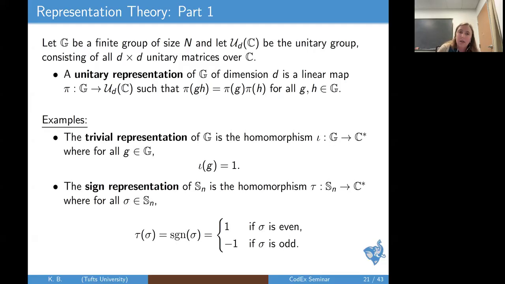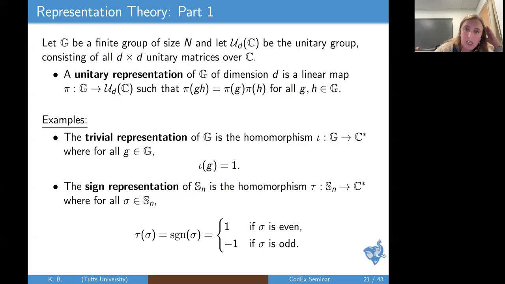Some basic examples. The trivial representation of a group is a homomorphism that takes all the group elements just to 1. Here C star is the multiplicative group of the complex numbers, so it's C without the 0 element. I said we're mapping these to matrices, but this is a one-dimensional representation, so it's really mapping to a 1 by 1 matrix, and I'm identifying this with the multiplicative group of C, so I'm writing it without the matrix brackets.